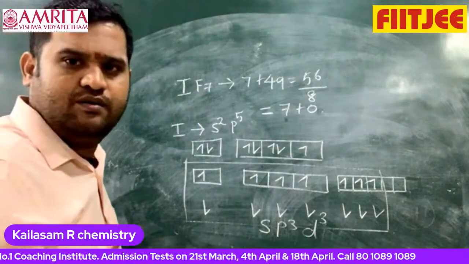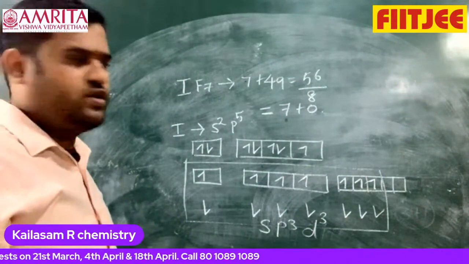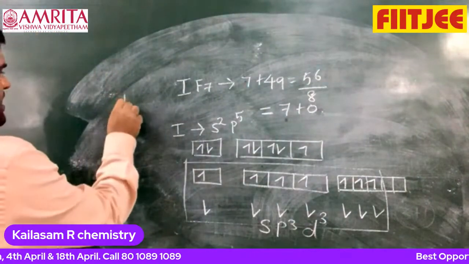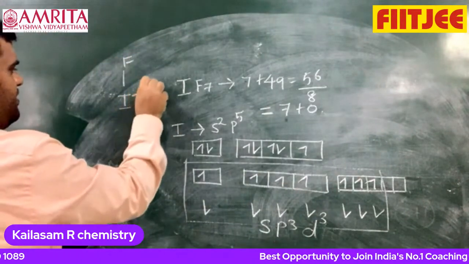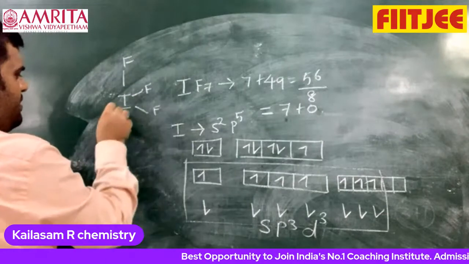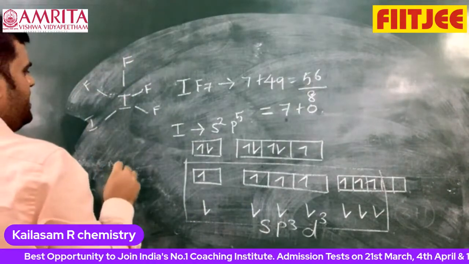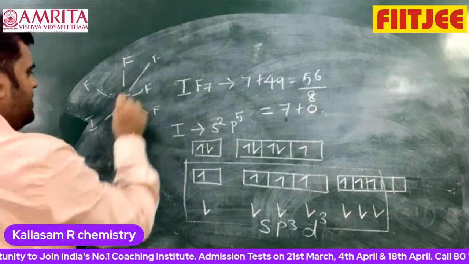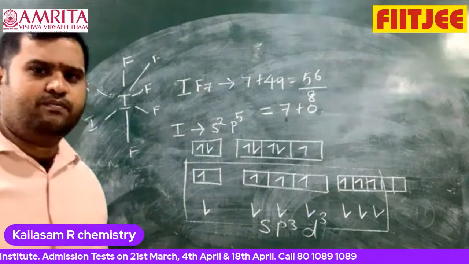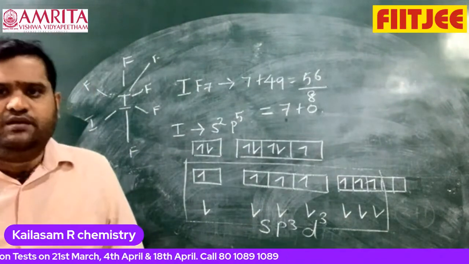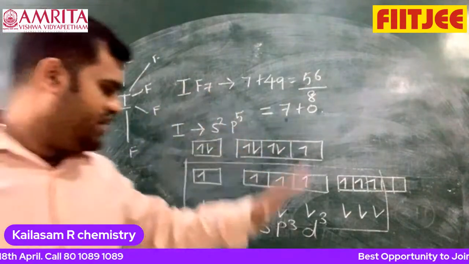That's all I can tell you, children. So the geometry we can write as pentagonal bipyramidal IF7. This is what they will ask you from the examination point of view. So this is about IF7.